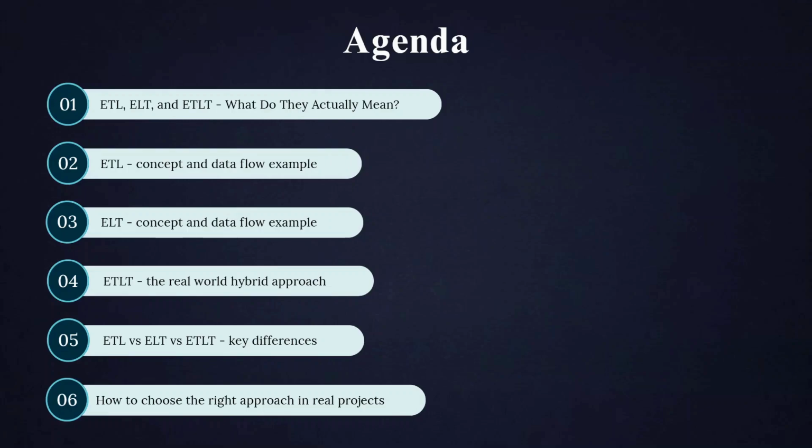Next, we will look at ETLT, which is the real world hybrid approach, and that's often used in production systems. Then we will compare these three terms and highlight the key differences between them. And finally, I will share how to choose the right approach for real world projects.